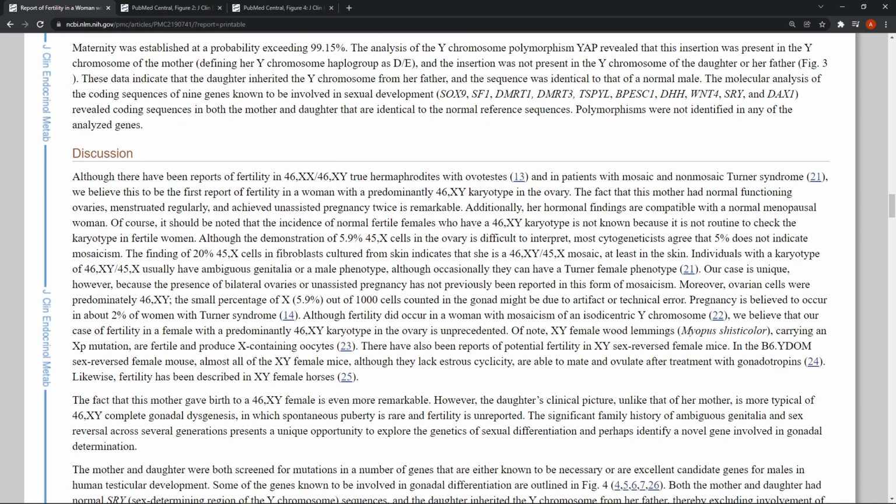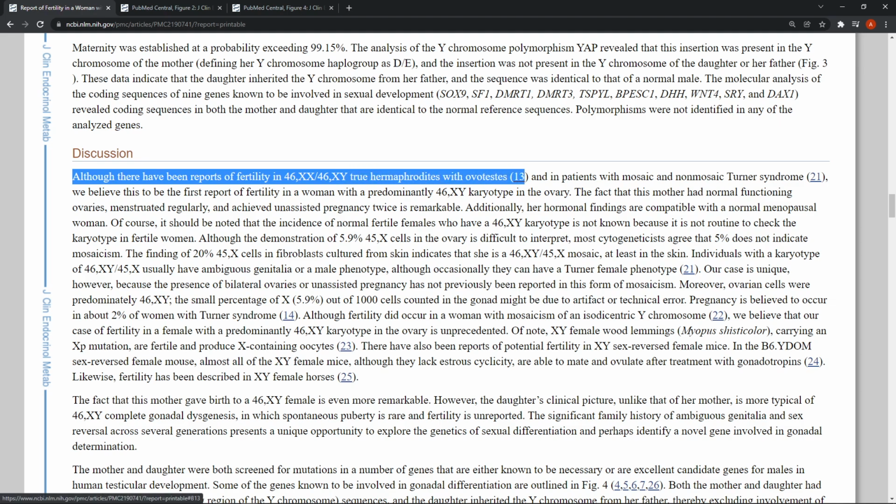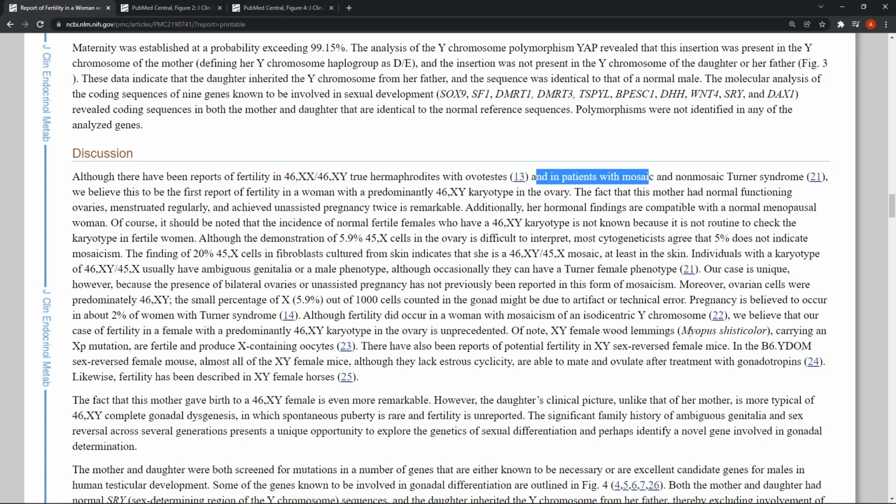So we go on to the discussion. Although there have been reports of fertility in 46XX and 46XY true hermaphrodites with ovotestes, this is another paper that I might do at a later date. And in patients with mosaic and non-mosaic Turner syndrome, which again is another paper that I'm interested in reading, because Turner syndrome is one of those classic examples brought up in biology class when talking about chromosomes and sex chromosomes specifically.